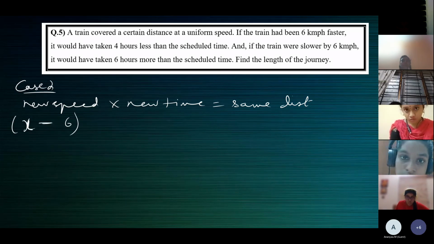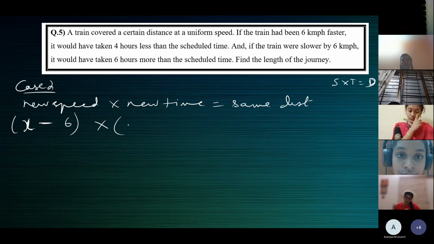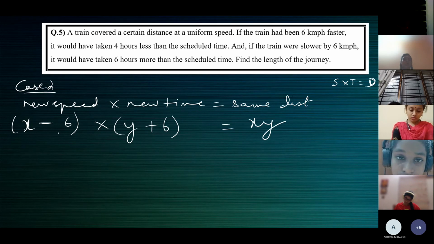Slower, so x minus 6 into new time. Why, children? Because speed into time is distance. That's what we've written here. Okay, new time. What's the new time taken? It would have taken 6 hours more. So y plus 6 is equal to the same distance xy.